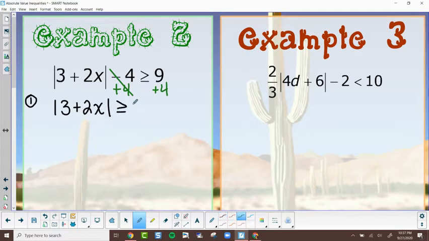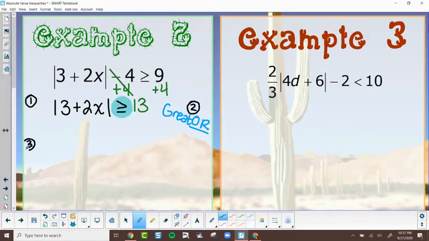And then now I have the number 13. Okay, absolute value is isolated. So step 2 says I need to decide, is it a greater than or a less than situation? So here's my symbol. The absolute value is greater than or equal to 13. So I'm going to write greater than right here. So that's step 2, deciding which one it is.